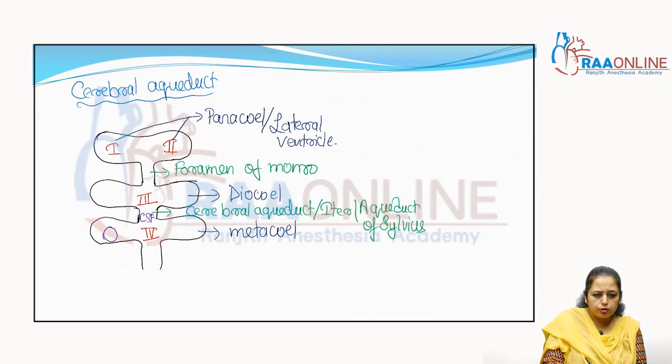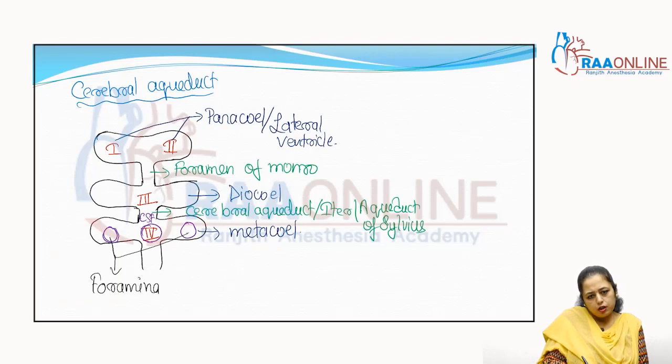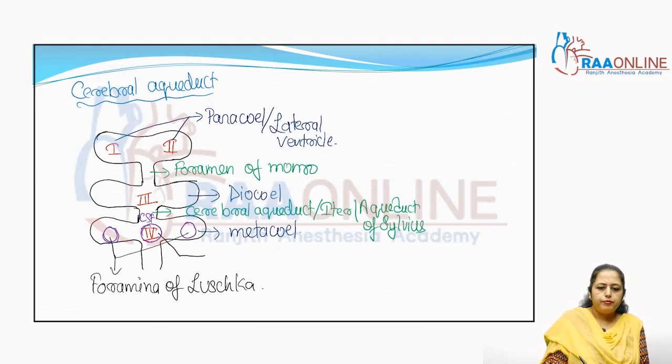There are 3 holes, right? These are the 2, and the third one is here, right? These 2 are paired, and that's why they are known as the foramina of Luschka.